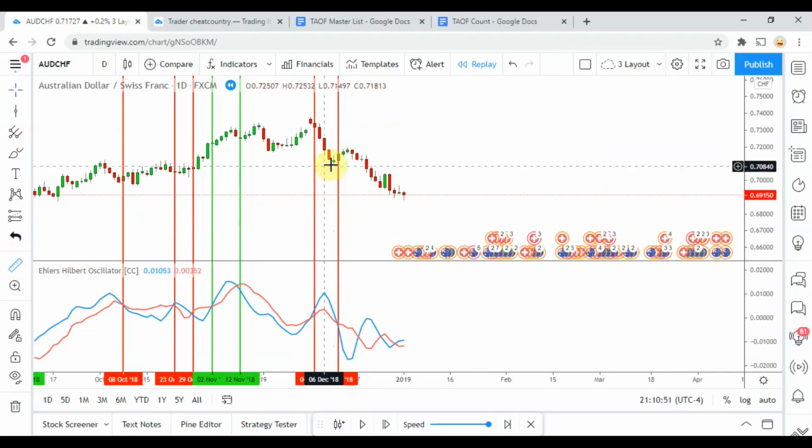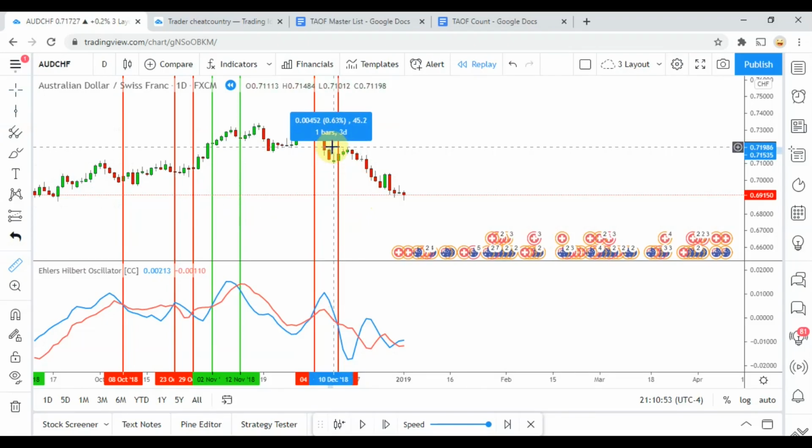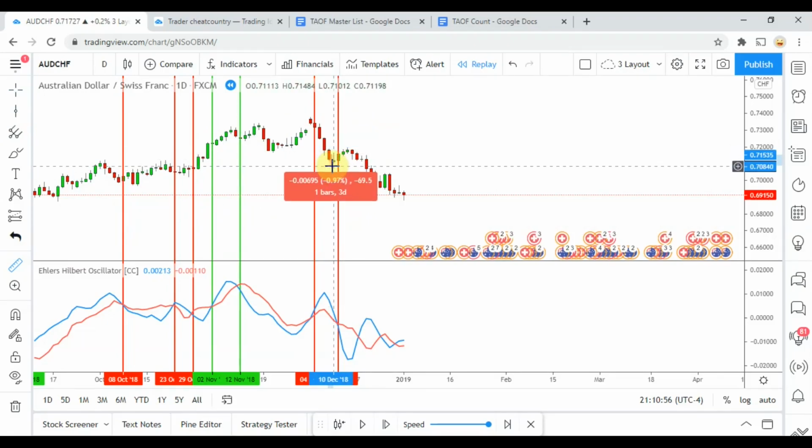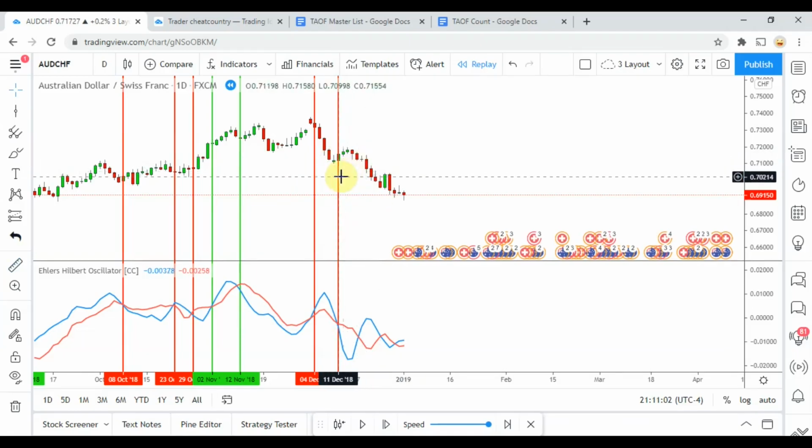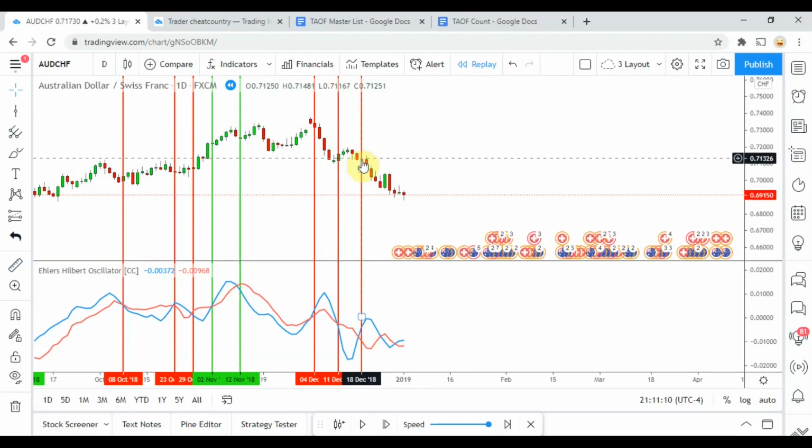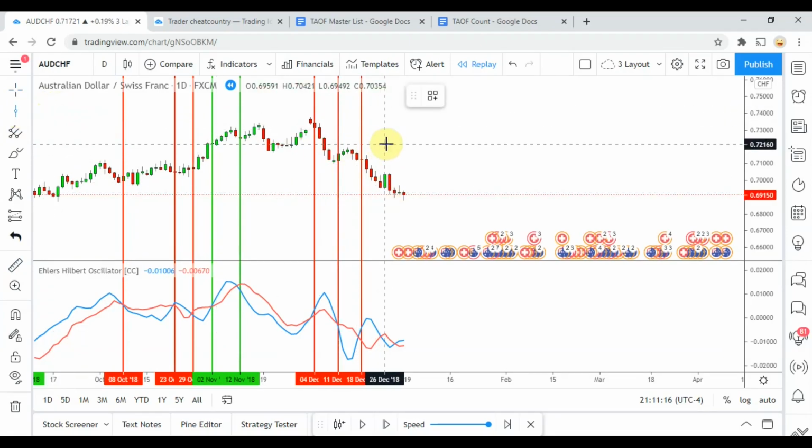Let's see, so we pick up a short right there. It does not hit our stop, but we get a flop to a long right there. Almost immediately falls out on us.